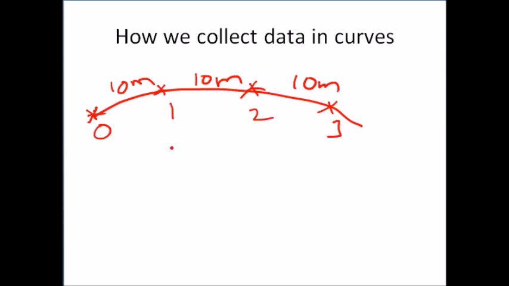For a curve, let us say you have a curve like this. This is station 0, station 1, station 2, station 3. So in curves you have stations at every 10 meters like this. If we want data at station 1, we'll fix a chord like this and measure data here. The chord length was 20 meters, so the first reading you got like this.